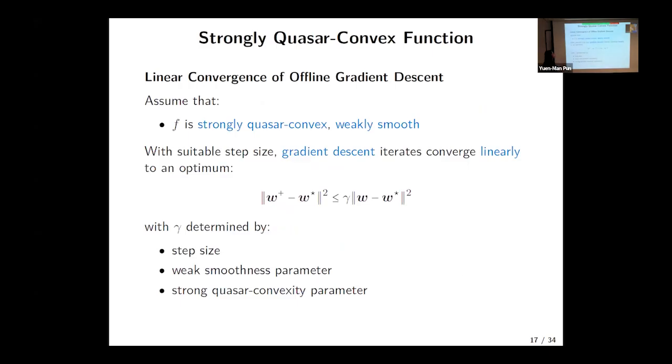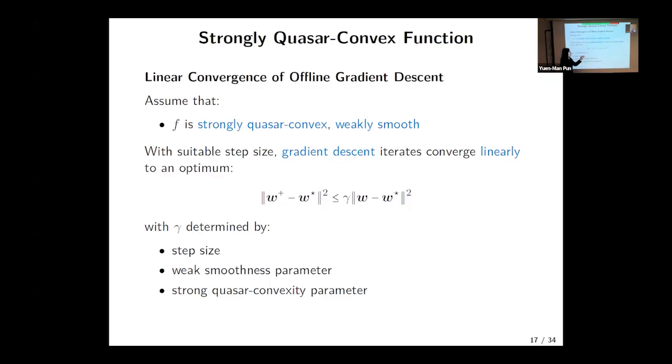Next, let's talk about the strongly Quasar-Convex function. We first start with the linear convergence of offline gradient descent. Assume that F is strongly Quasar-Convex and weakly smooth. We would have, with suitable step sizes, the gradient descent iterates converge linearly to an optimum like this.